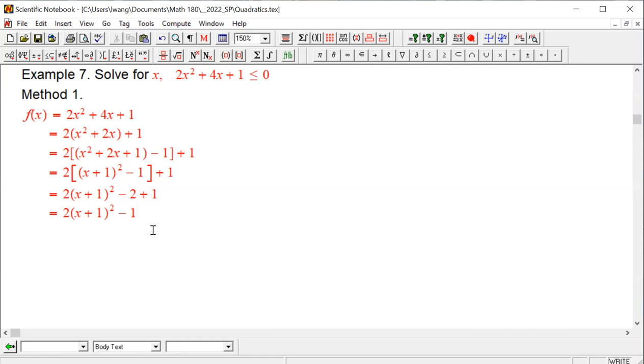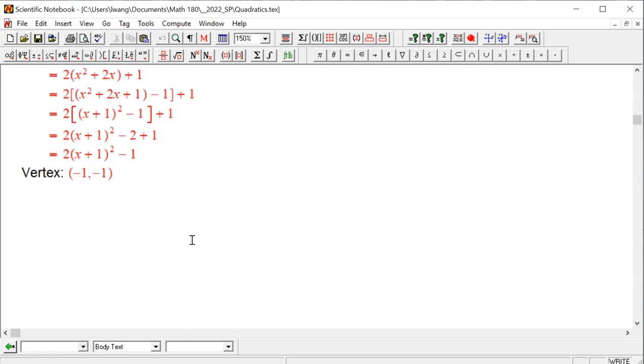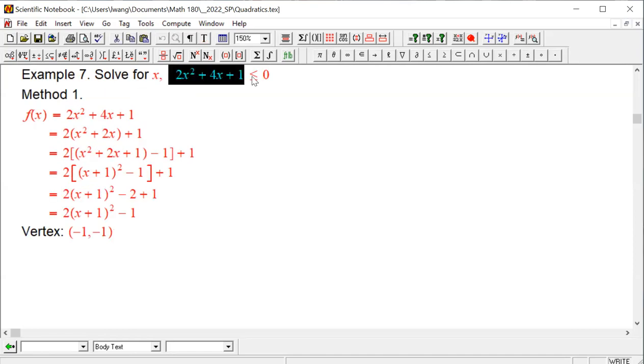We actually find the vertex. Where's the vertex? The vertex is -1, -1, because x minus -1 is x plus 1. So this is the vertex.